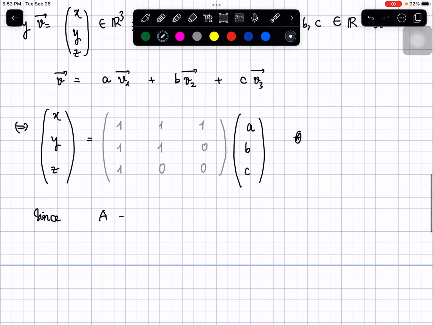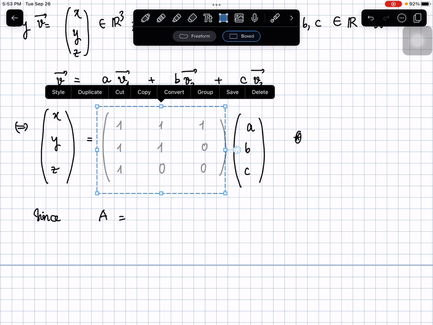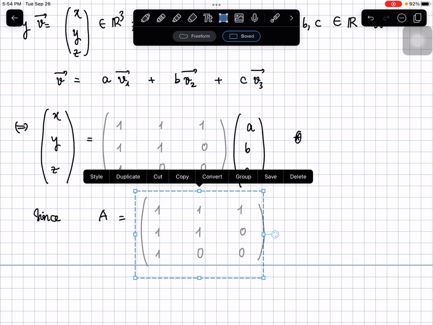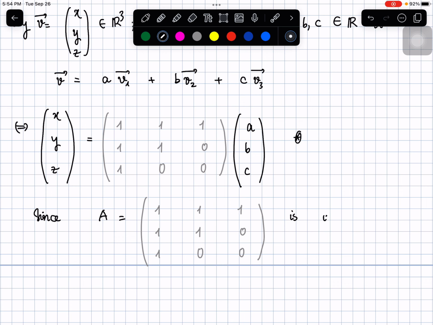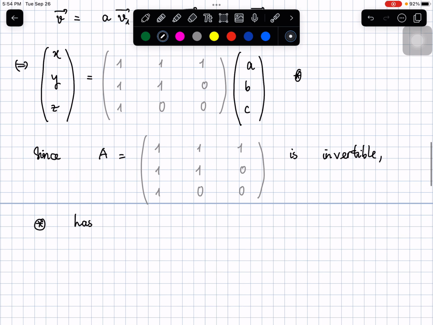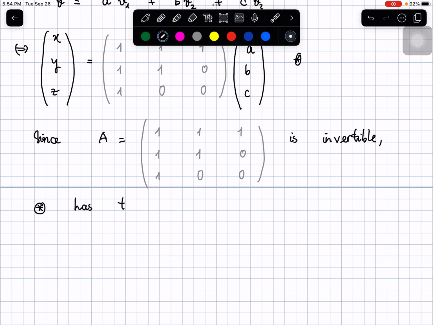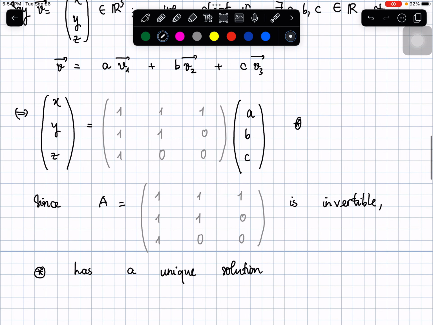Since this matrix A is invertible, system star has a unique solution, that is A inverse times this vector, right? So this ABC is a vector with all these variables A, B, C, and this is the vector x, y, z given to us.